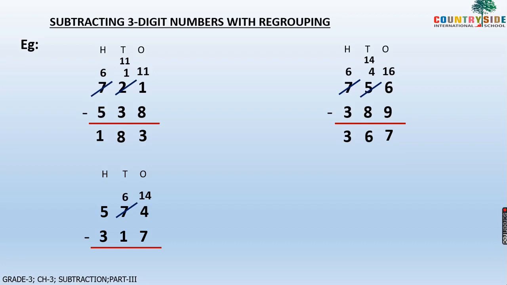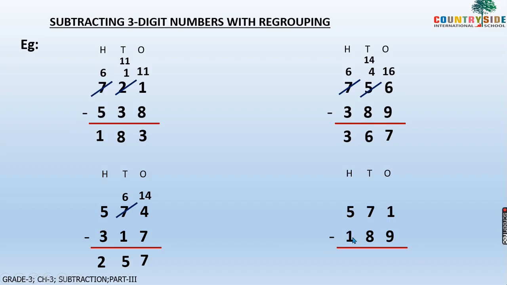So 14 minus 7 is equal to 7. Then 6 minus 1 we can do, so 6 minus 1 is equal to 5 and 5 minus 3 is equal to 2. Like this you have to do. So the answer is 257.